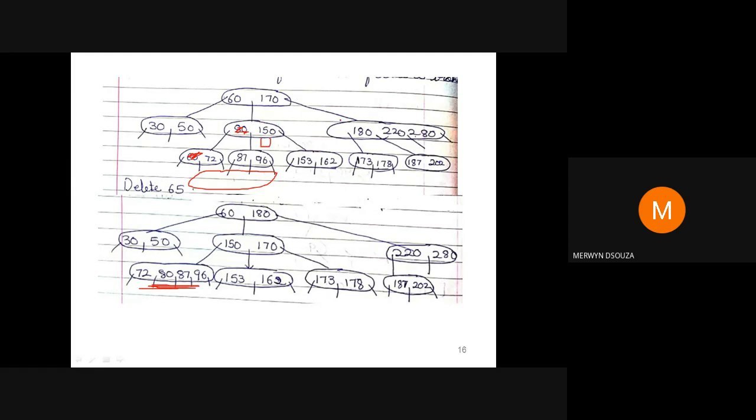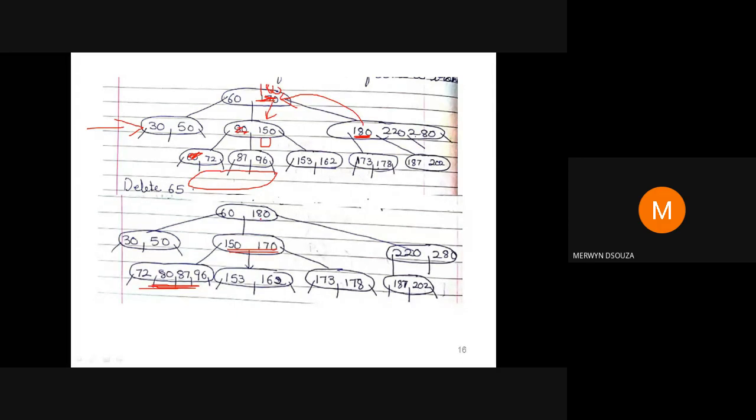So again I try to apply at this level either case 1 or case 2. When I apply case 1 again, 170 I can pull down. So you can see 150 and 170 come here, and the first key of the younger brother is taken on top. Because 170 is taken down, 180 can be taken on top.